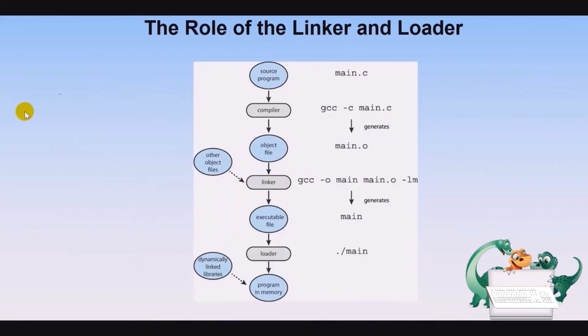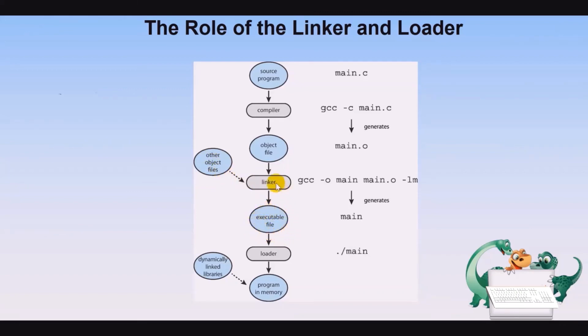So what is the role of the linker and the loader? For example, you have the source program, main.c or main.cpp. When we compile it, it creates an object file. The linker, with other object files associated with it, will generate an executable file.